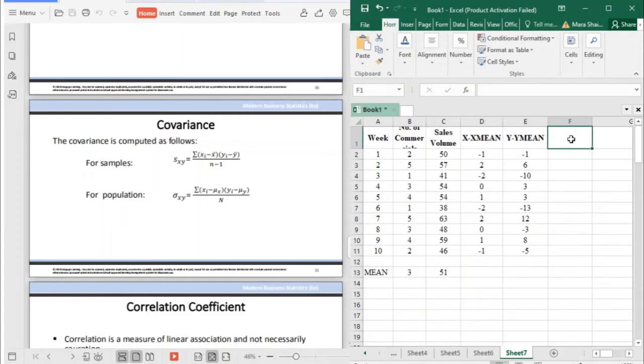I will just place here column D multiplied by column E. Again, column D multiplied by column E, so we will get this. Our numerator is the sum of this area right here. Before that, again, multiply your x about the mean and the y about the mean.